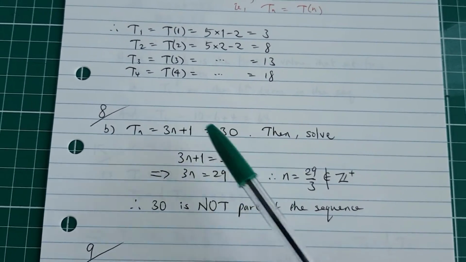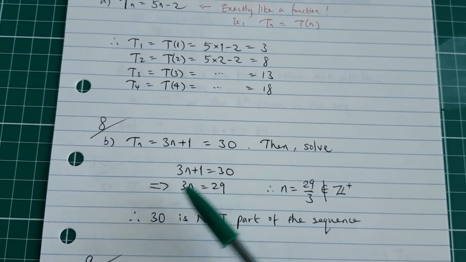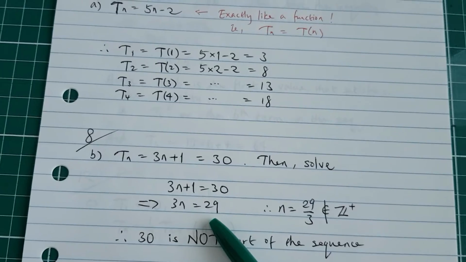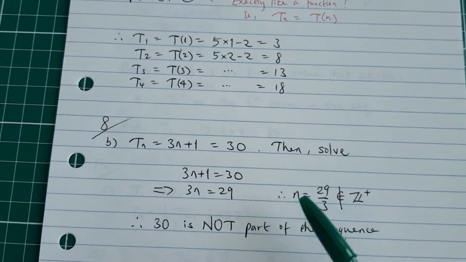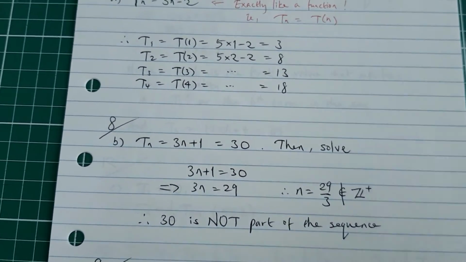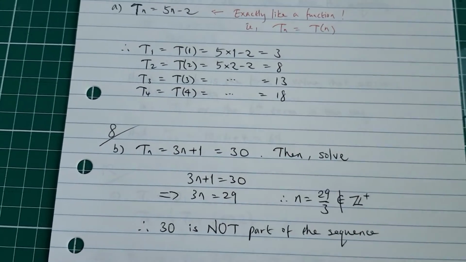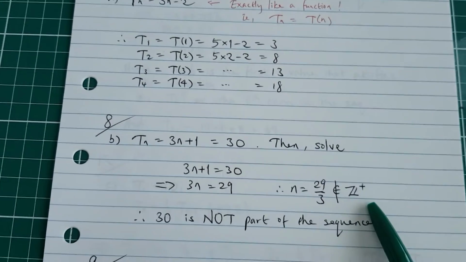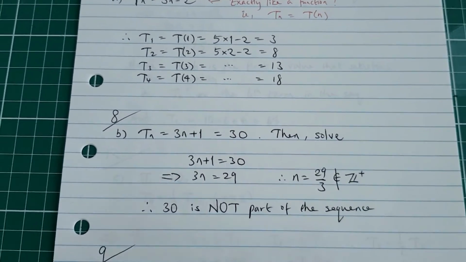If that is part of the sequence, then that equation should be satisfied. So 3n has to be 29, which means n is 29 over 3. But like I said, if it's a sequence, this n has to be a positive integer, because we're talking about the first, second, third, fourth, fifth term, not the 5.5th term. That doesn't make any sense. So therefore 30 cannot be part of the sequence.